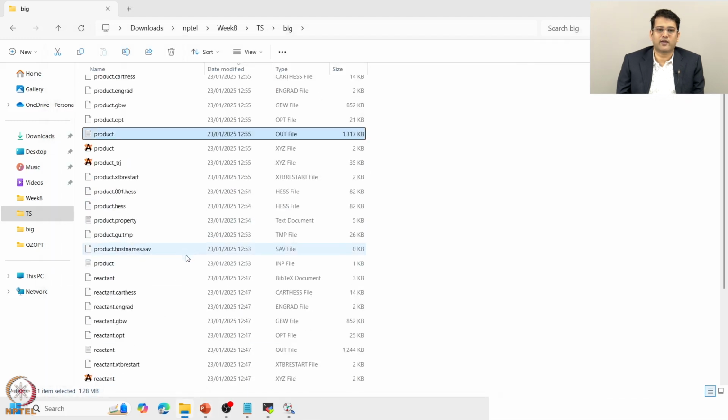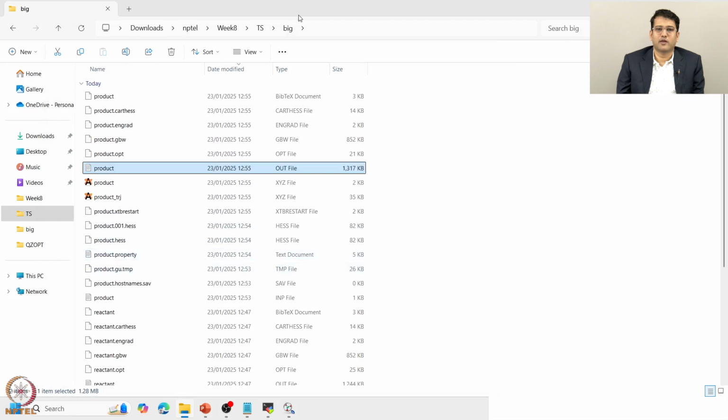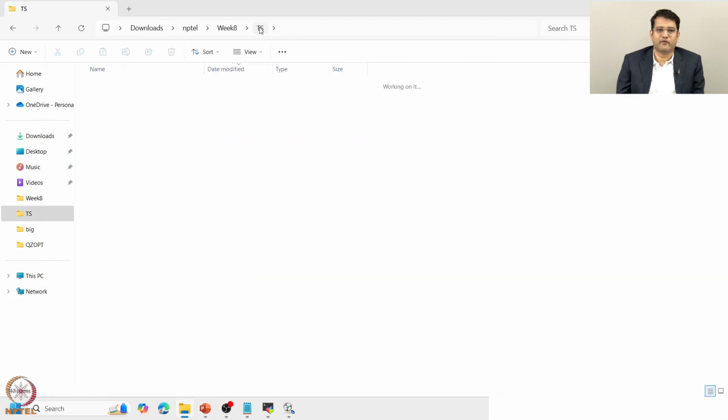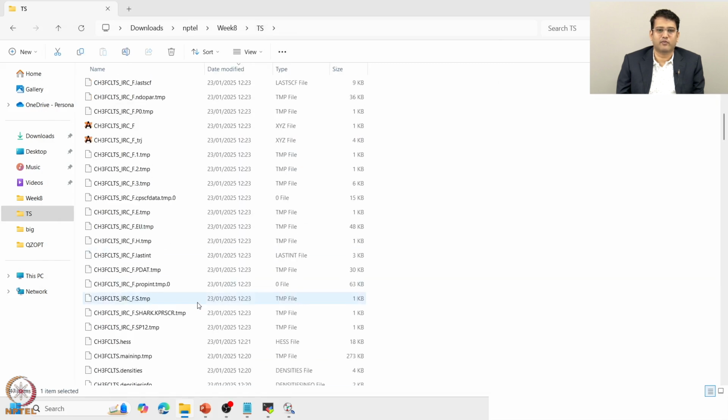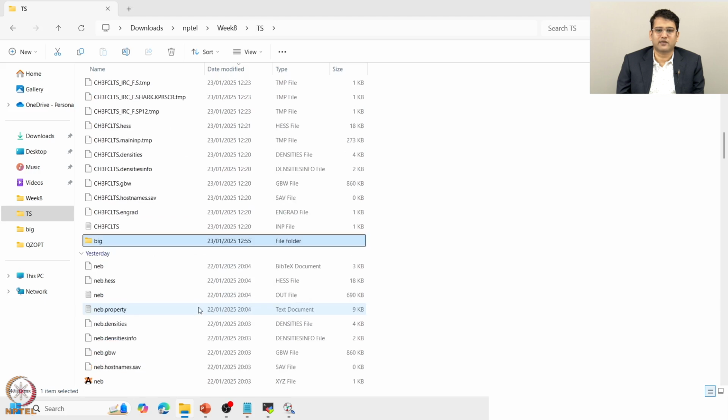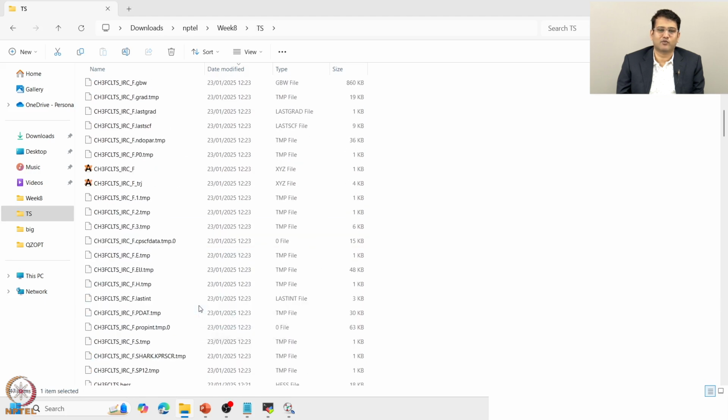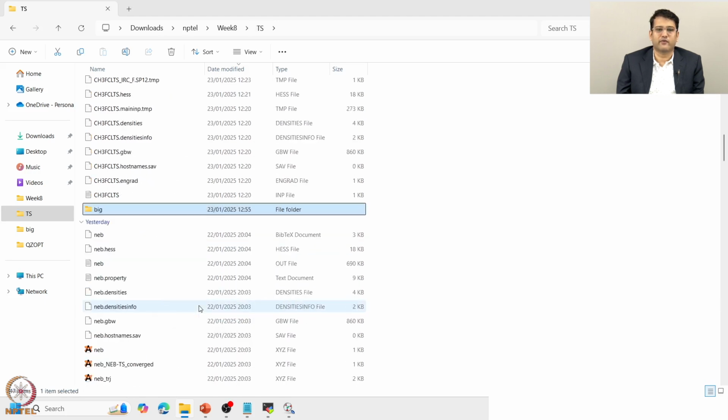Now I'm ready to run the NEB job. I can make the NEB input file from scratch, but I will be my lazy self. So I will use the NEB input file from one directory before, which I have used previously.